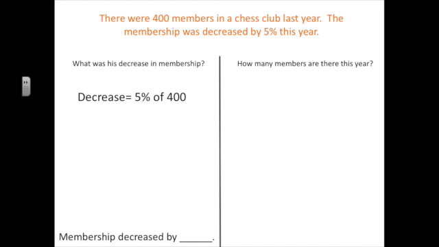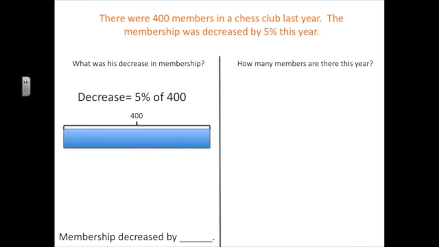The decrease in membership is 5% of 400, as we're told that the membership decreased by 5%. Once again, we can illustrate this with a bar model. We'll start by drawing our bar and labeling the whole amount. We know that there were 400 members in the chess club last year. We then want to find 5% of 400, so we'll label 5% and once again add our question mark.